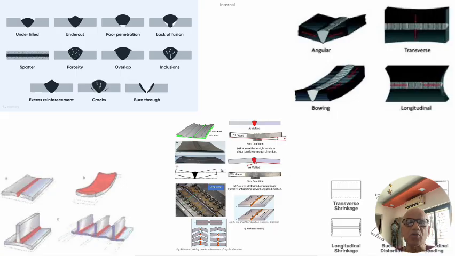You have a good sound weld meeting all the NDT parameters, all the strength requirements, and all the visual requirements, but it has a distortion by which the equipment cannot sustain the design loads and the equipment is going to fail. So we have to really take care of both these kinds of defects, and that will ensure that we are able to make good equipment. And there are other remedial things which we will be able to take up.